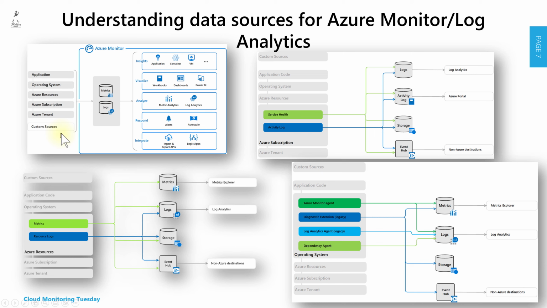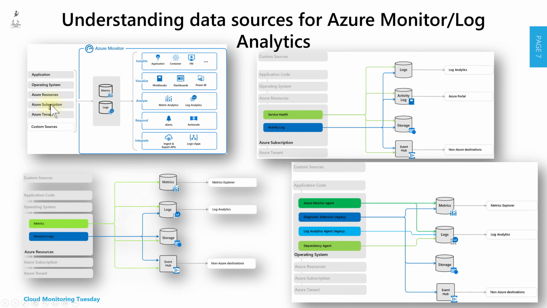We have the levels of monitoring. We have the level of the Azure tenant, for example tenant health, Azure Health. This is the option for the Azure Active Directory events, etc.